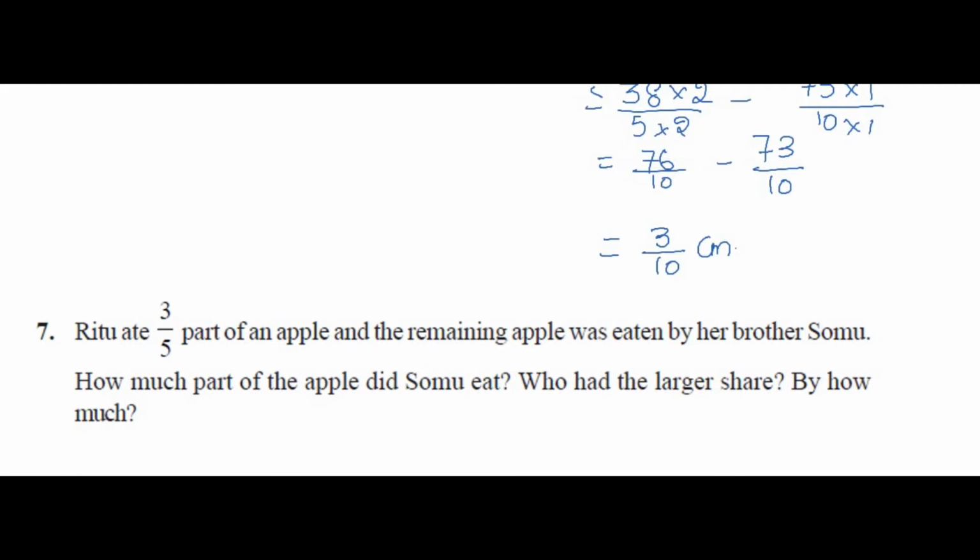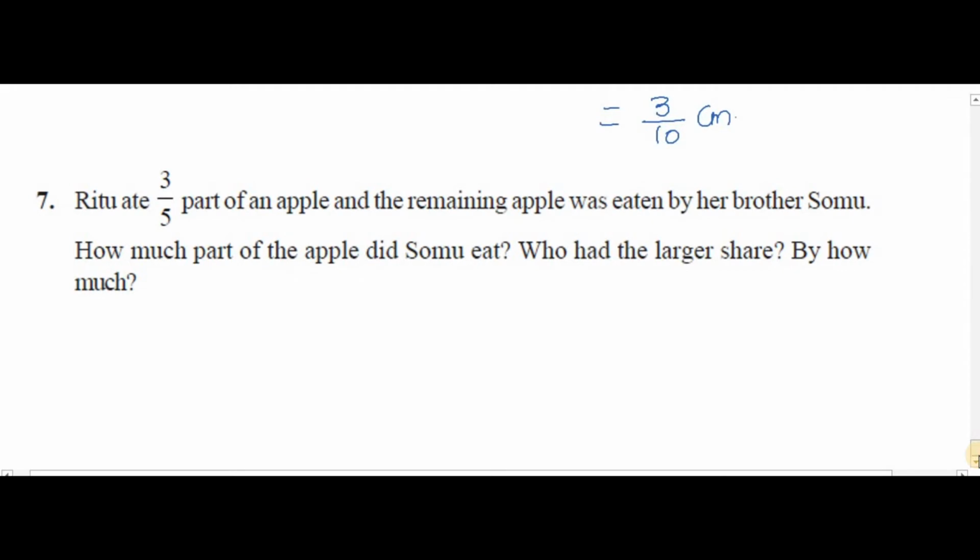So first of all here we have to find out the apple, 3 by 5 of the apple is eaten by Ritu, and the left part. First of all we have to think, because it is not given here very clearly how many parts the fraction has, so I'm just thinking that let the fraction of apple be 5 by 5.